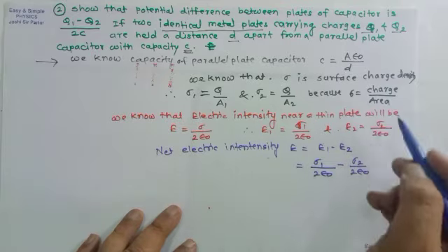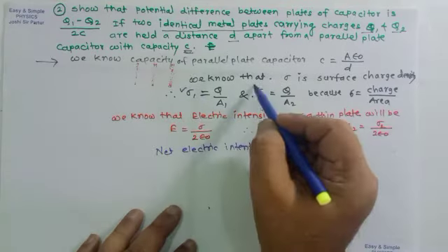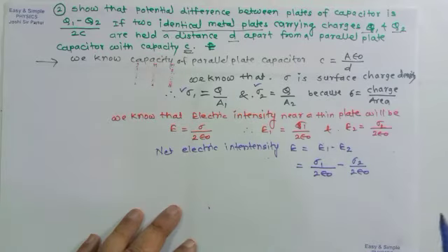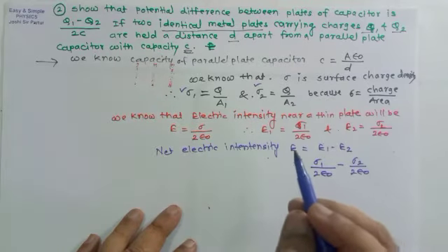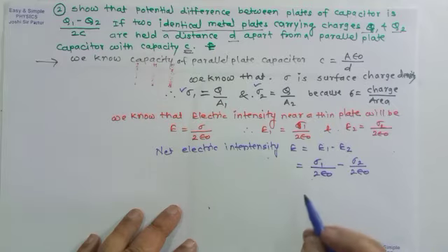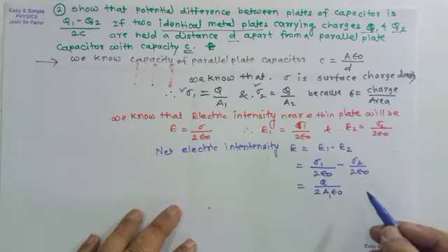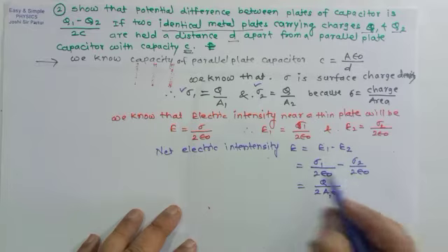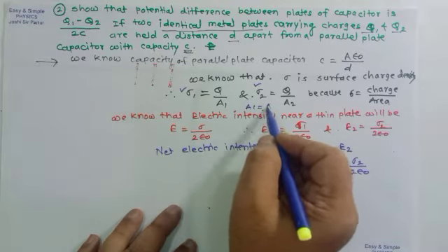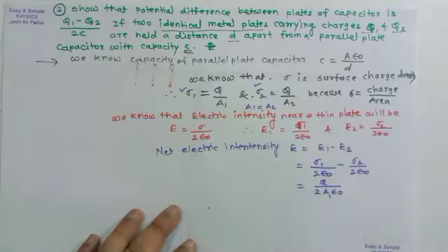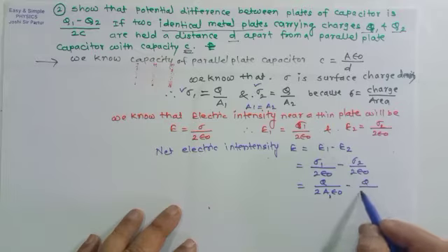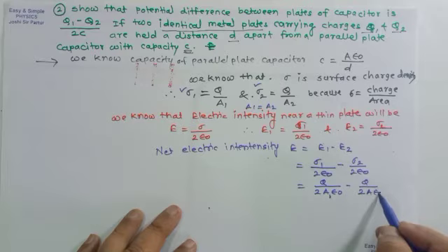But we know that sigma 1 and sigma 2 are q1 upon a1 and q2 upon a2. So here q1 upon 2 times a1 epsilon 0, or a epsilon 0, since a1 is equal to a2 because the plates are identical, minus q2 upon 2 times a epsilon 0.